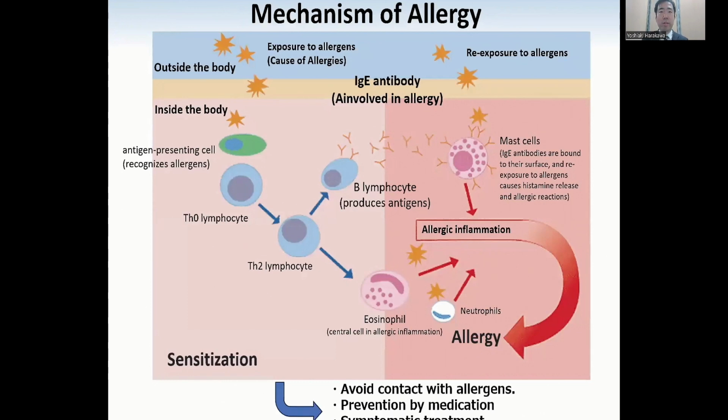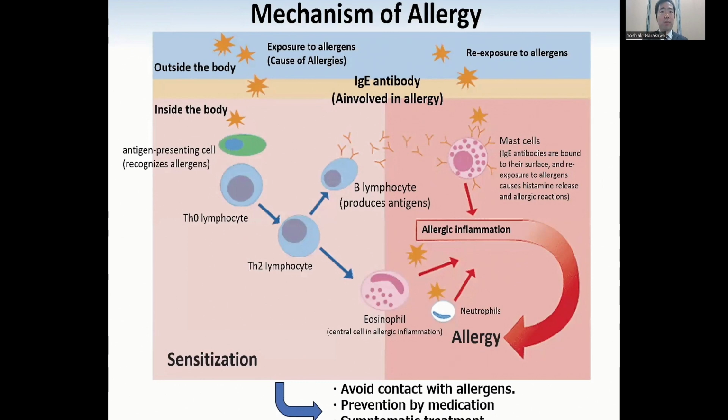The following figure explains the mechanism of allergy. The allergen causing the allergy is recognized by the immune system as a foreign substance, and under the command of Th lymphocytes, IgE antibodies that react with the allergen are mass-produced and bind to the surface of mast cells.